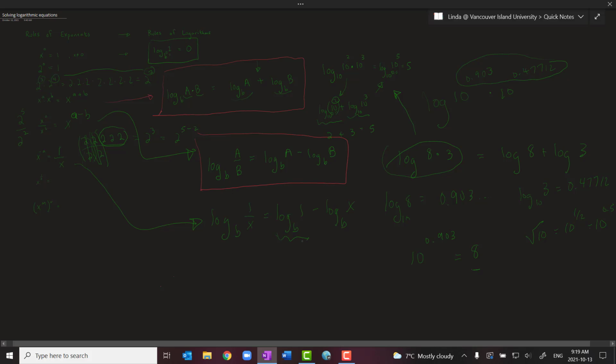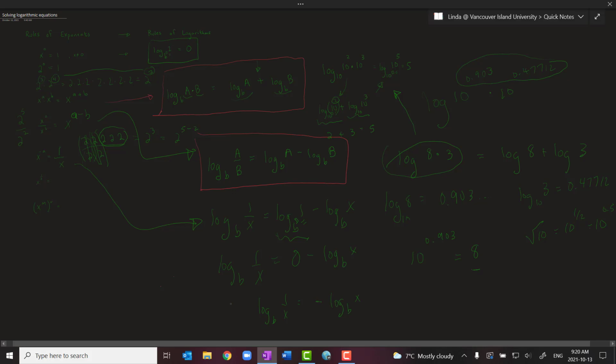And then what is this? The exponent I have to raise b to make it equal to 1. Oh, that's 0. So log base b of 1 over x is just equal to the negative version of log base b of x.